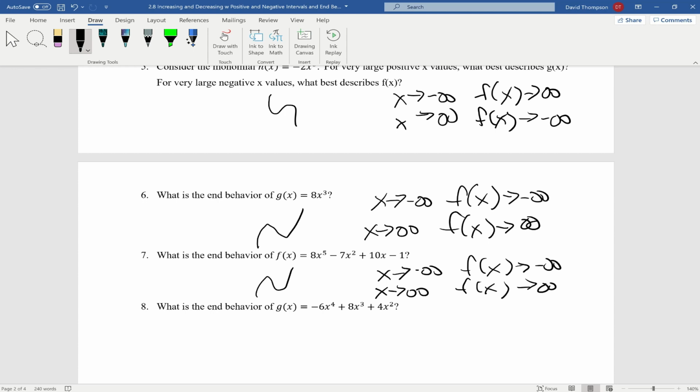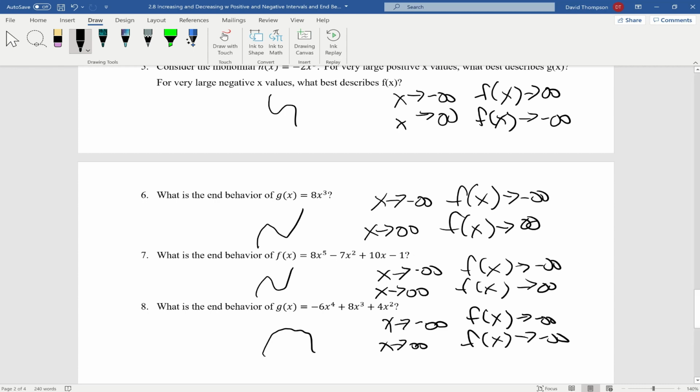And our last one, we have g of x equals negative 6x to the 4th plus 8x cubed plus 4x squared. So that's going to be an upside down graph. So x approaches negative infinity, f of x is going to approach negative infinity. As x approaches positive infinity, f of x is going to approach negative infinity, and we're done.